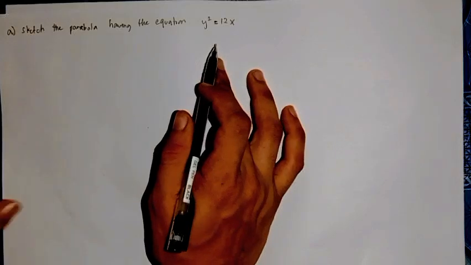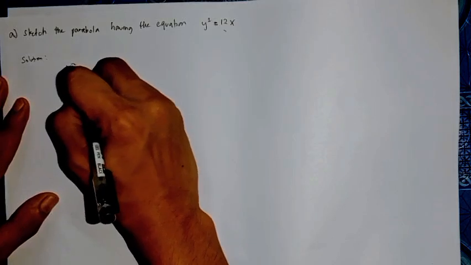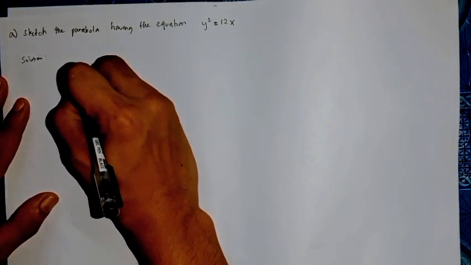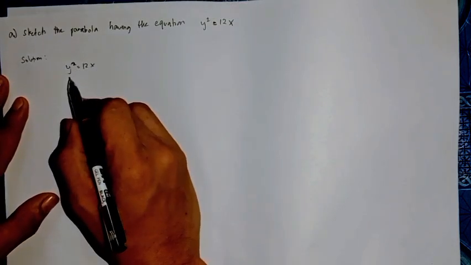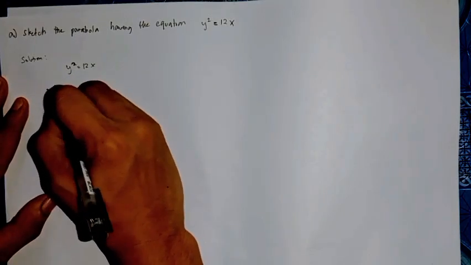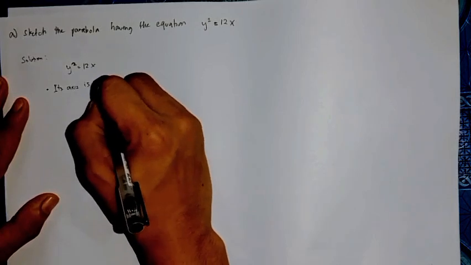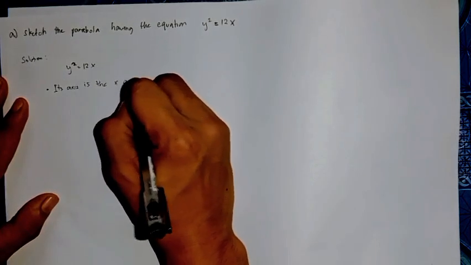Now let's have an example of the parabola. First, sketch the parabola having the equation y squared is equal to 12x. Solution. y squared is equal to 12x. As you can observe, it is y squared. Therefore, its axis is the x-axis.